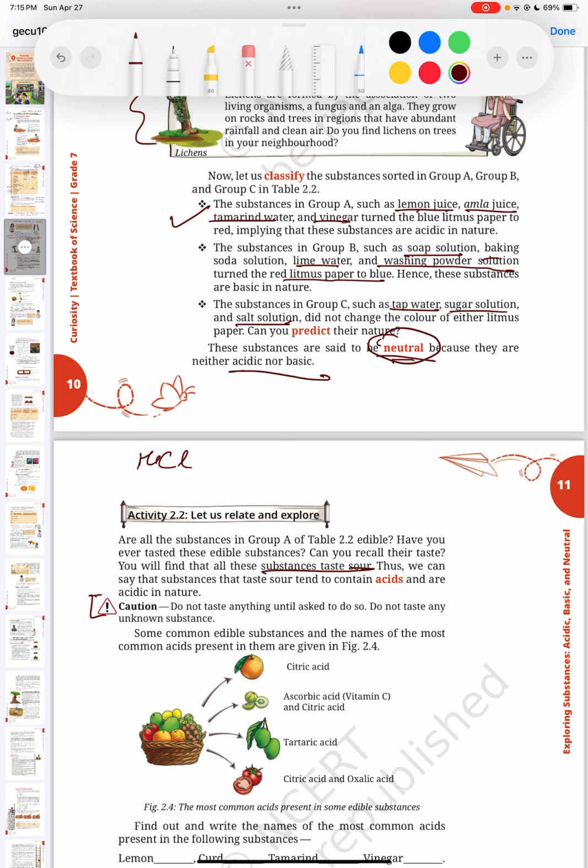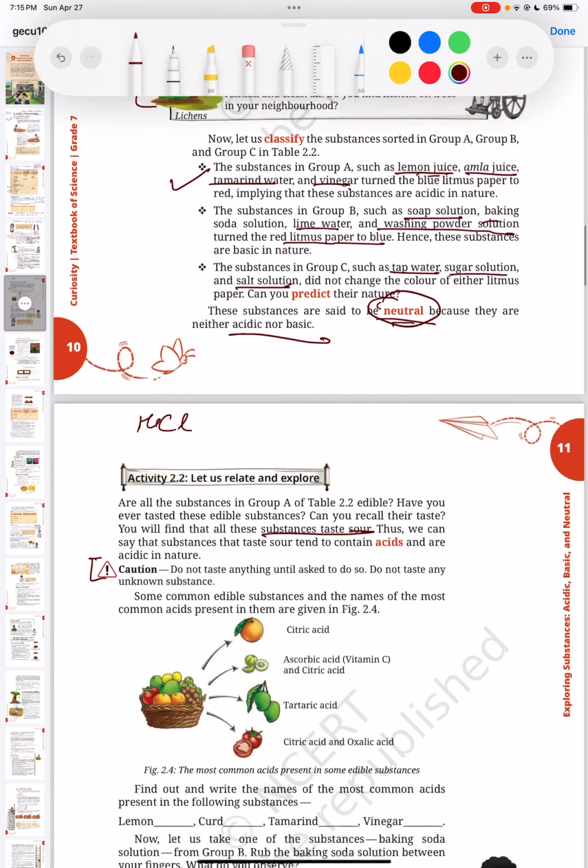On the other hand, the acids which have been mentioned over here are pretty weak acids. Okay, for example, citric acid is one of the acids which is quite in between, it's neither too weak nor too strong. All right, and now where is citric acid found? Citric acid is actually found in lemon juice.